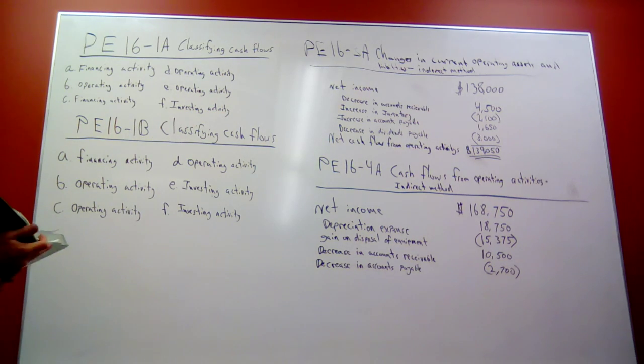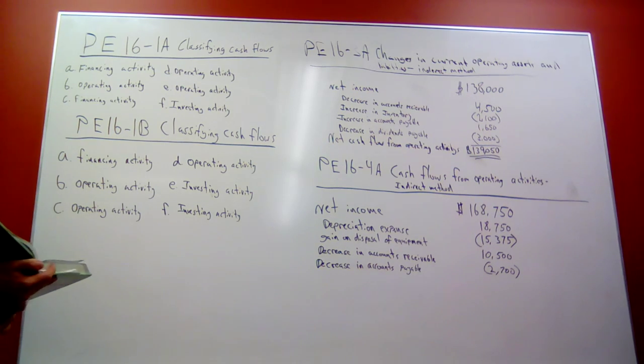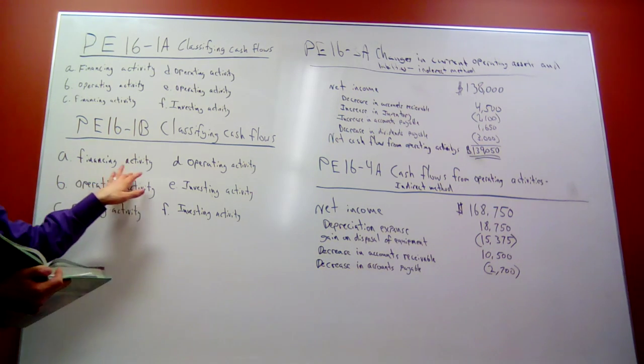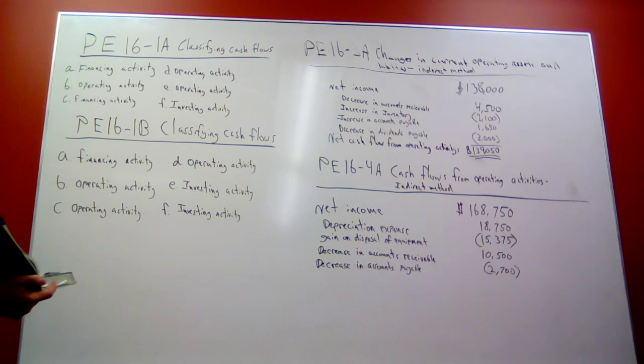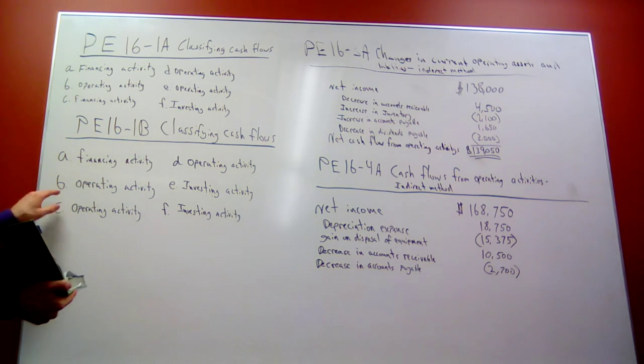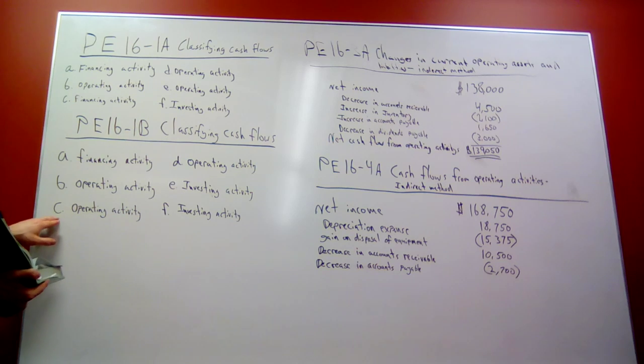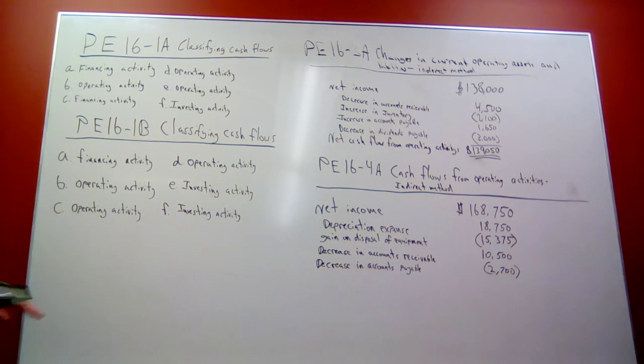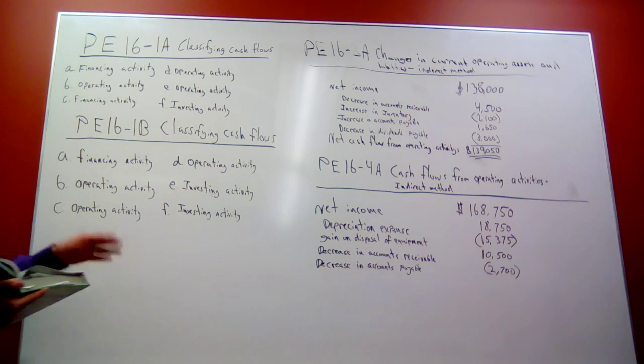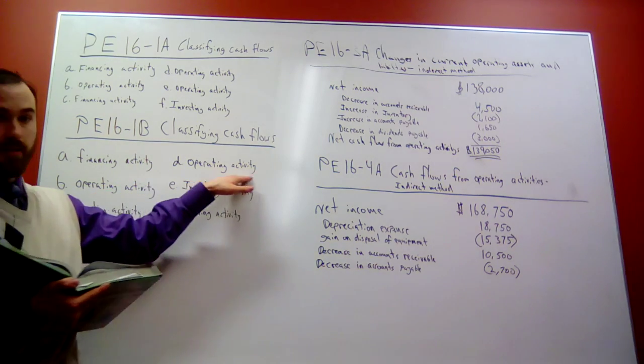And then on to the next one, which is another classifying cash flows. A, issuance of bonds payable, financing activity, has to do with bonds. B, cash sales, operating activity. C, collection of accounts receivable, that'd be an operating activity. D, payment for administrative expenses, operating activity.